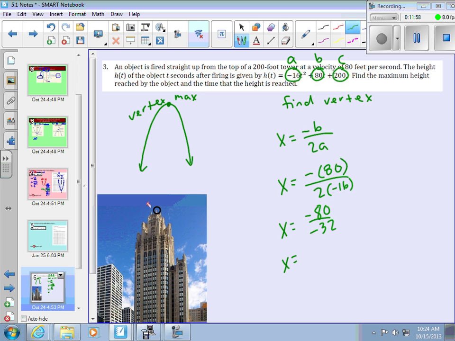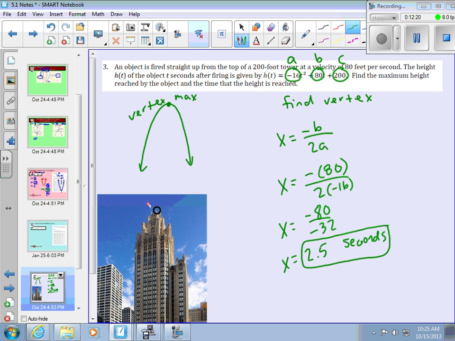And if you divide that out, that's 2.5. So what that's telling us is that the time it takes to reach the height is 2.5 seconds. After 2.5 seconds, this is going to get to the maximum height.